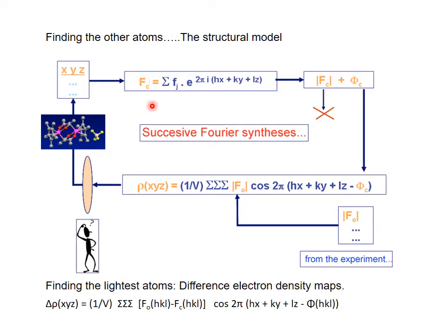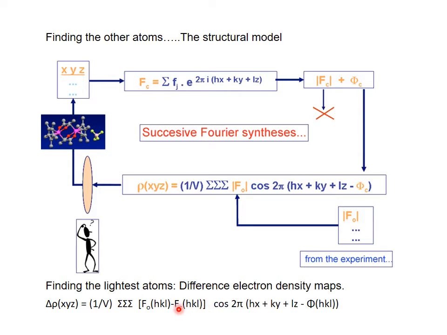For the lightest atoms you can also use difference electron density maps. The lightest atoms are the hardest to find because they have the fewest electrons at which the X-rays can be scattered.